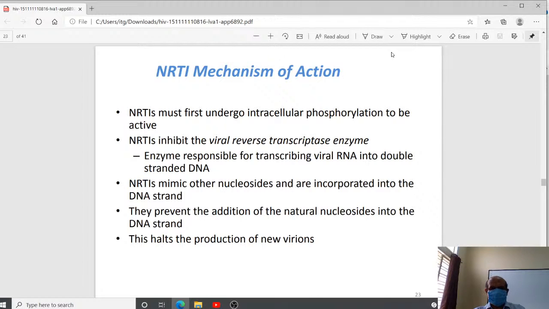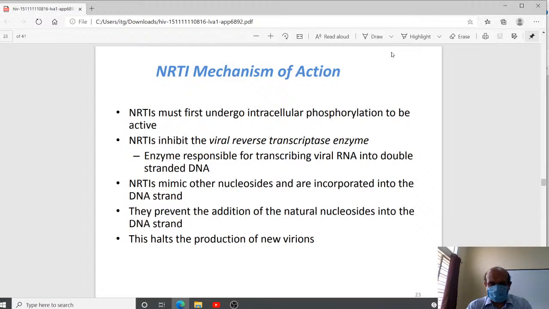NRT mechanism of action. NRTs must undergo intracellular phosphorylation to be active.